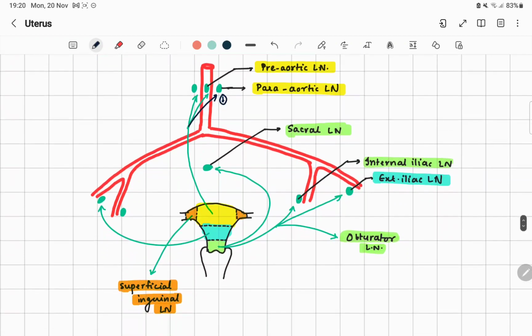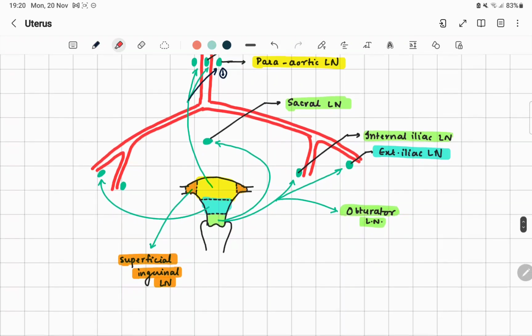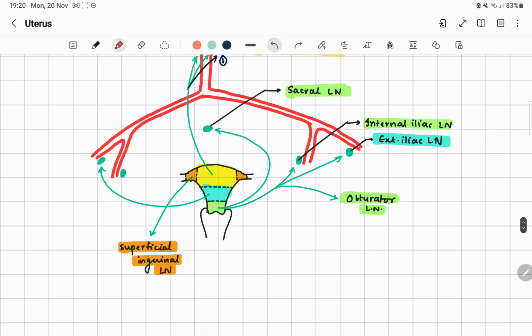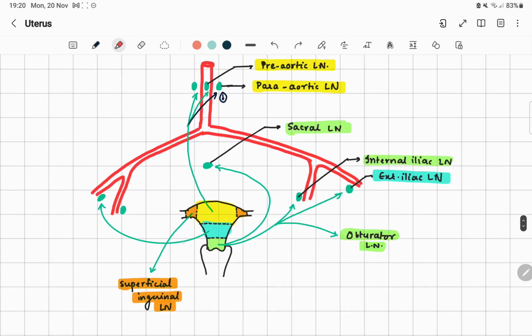And then you have your superficial inguinal lymph nodes. The junction between your uterus and the fallopian tube is draining into the superficial inguinal lymph nodes. And you can see the blue part that is draining into your external iliac lymph nodes.